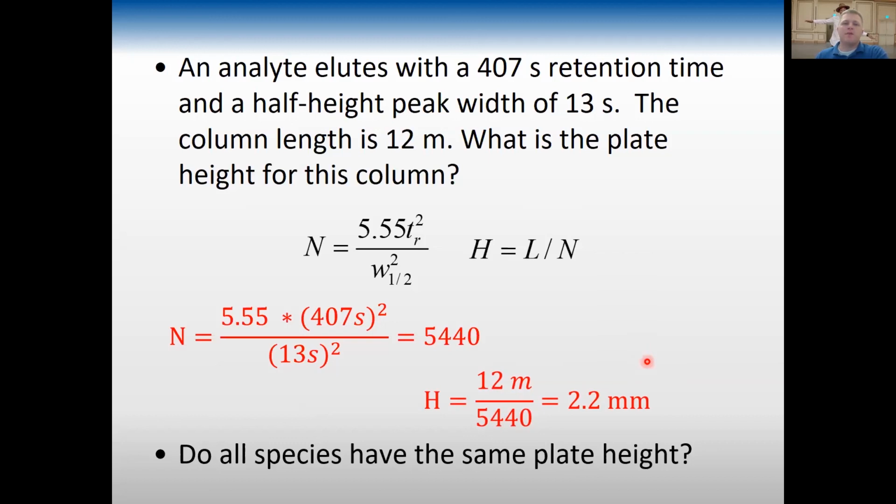So there is some variability, and there is some drawback to using this model of plates and plate heights, in that it doesn't perfectly describe chromatography, but it does a good enough job in GC and HPLC that we haven't abandoned it or tried to move on to a better mechanism because it's good enough for what we use it for.